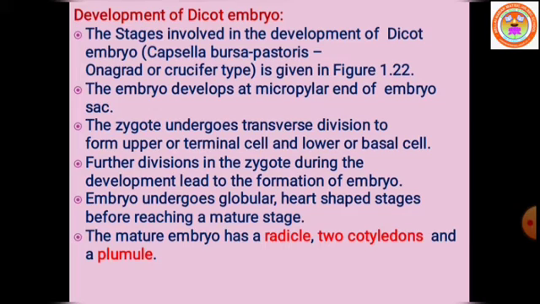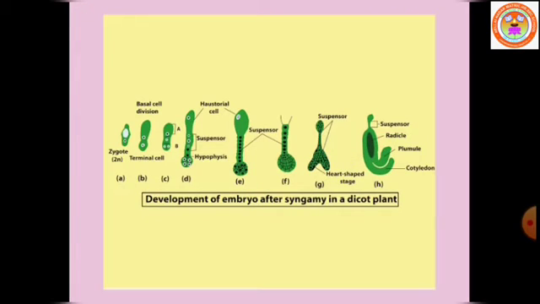The development of dicot embryo in Capsella bursa-pastoris is called the Onagrad or crucifer type. We know that the embryo develops at the micropylar end of the embryo sac.